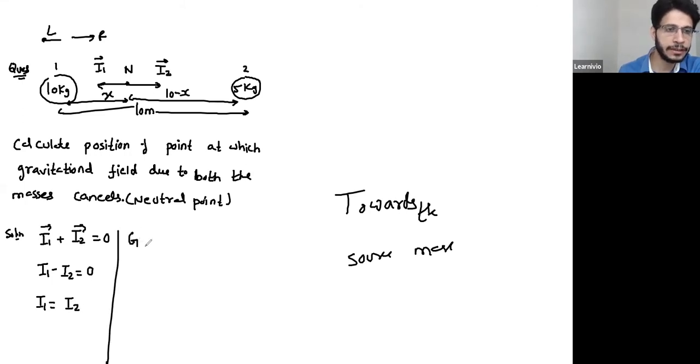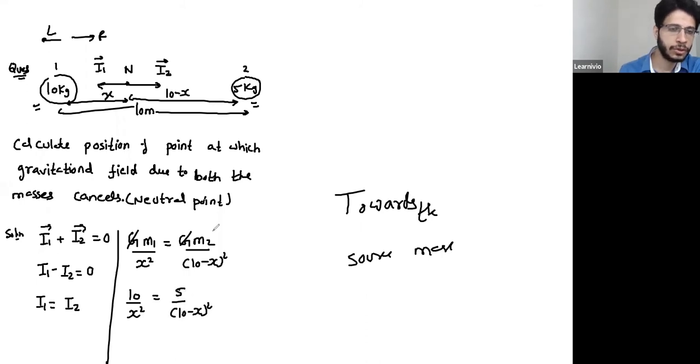You can write this as Gm1 by x square, which is equal to Gm2 over (10 minus x) square. This G will cancel this G. You can substitute the value of m1. m1 is 10 kg, m2 is 5 kg. So it's 10 over x square is equal to 5 over (10 minus x) square. To solve this equation, you can take roots on both the sides.